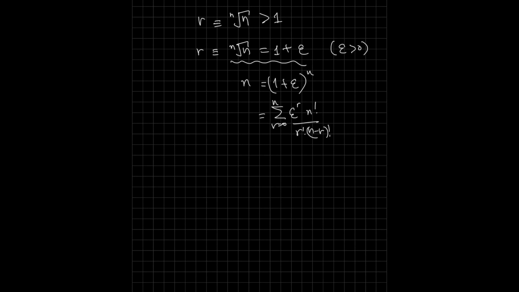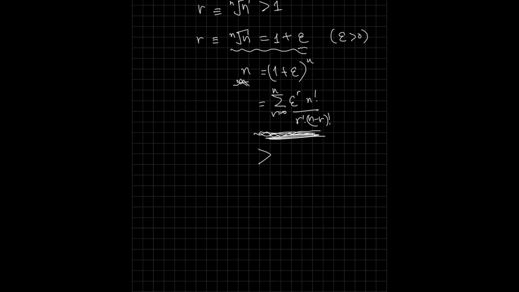Now, we will state our guess. Our guess is that the limit of the nth root of n as n approaches infinity is 1. And so we want this epsilon to go to 0. Because that is our guess, we will find an expression that is less than n. And we will see why that is the case.